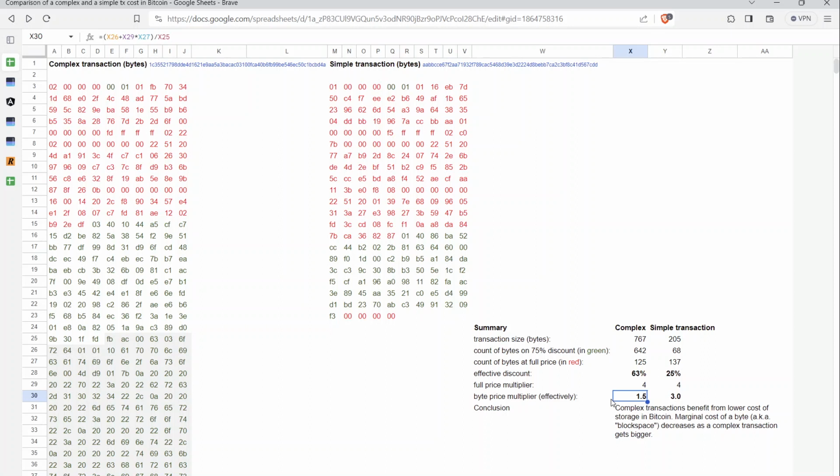While if they push the same byte using a simple transaction, then in that particular case they pay a multiplier of 3, the price multiplied by 3 per byte.